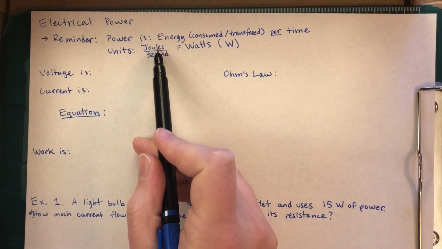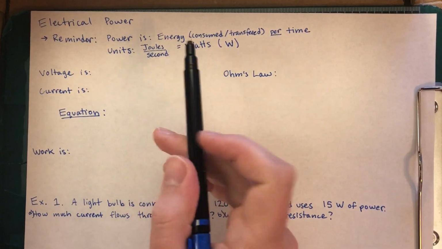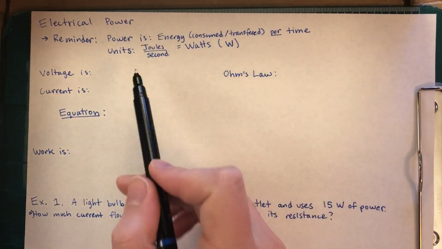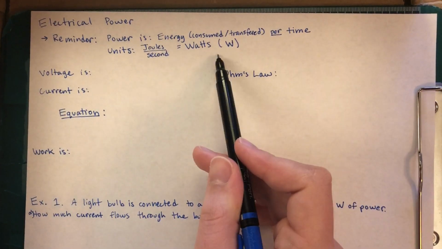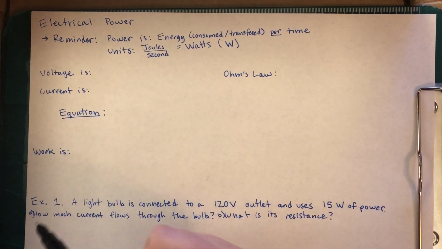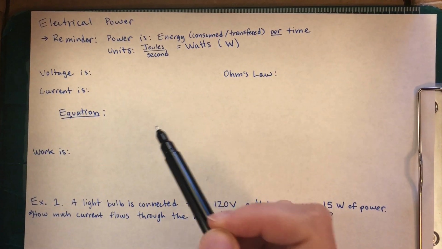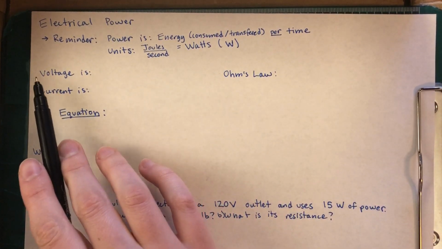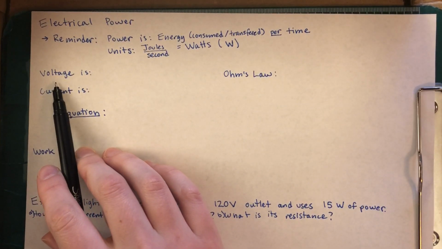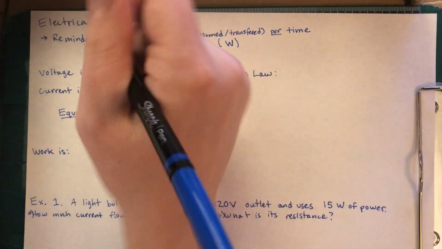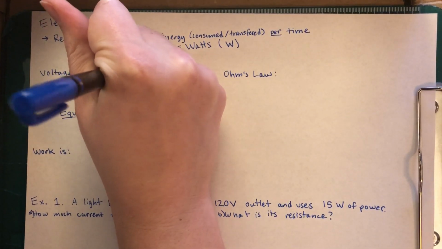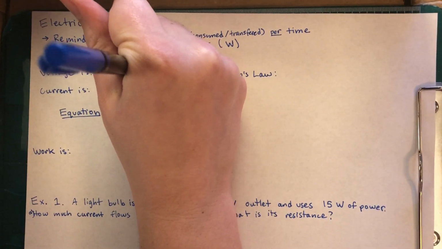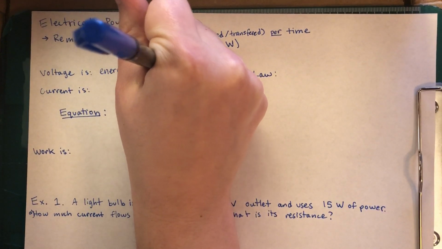So joules is the units for energy. Seconds is the normal units for time. Joules per second has a special name. It's a watt. This is the same set of units as we had before. Voltage, you might remember, is energy per charge.